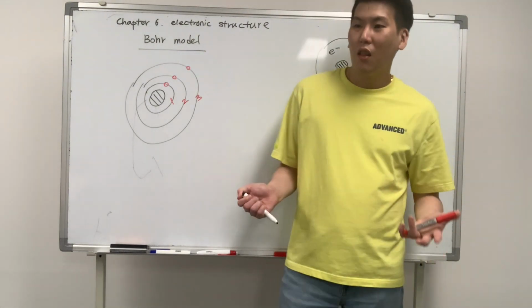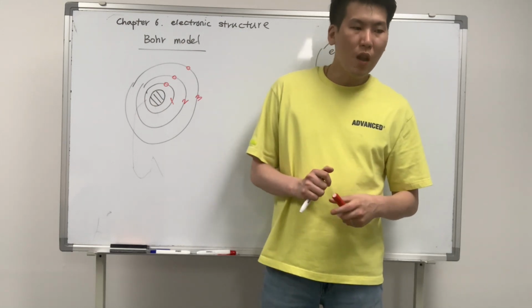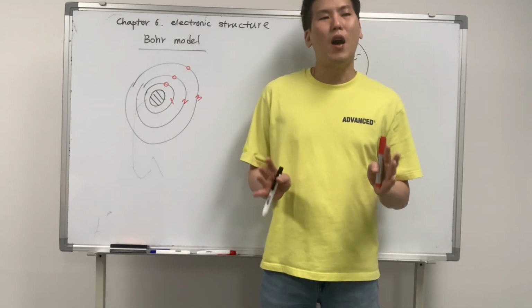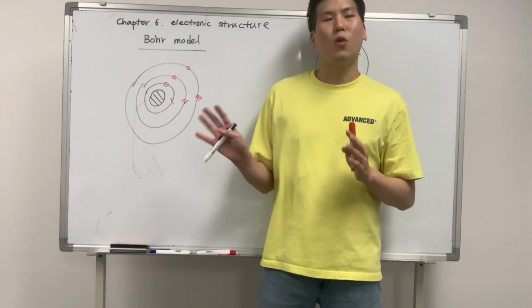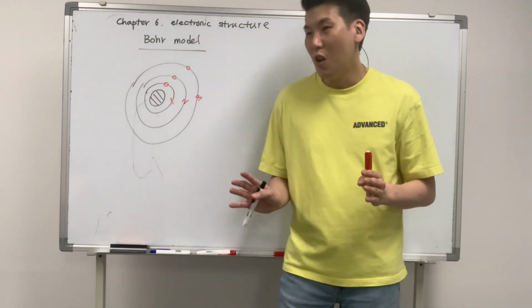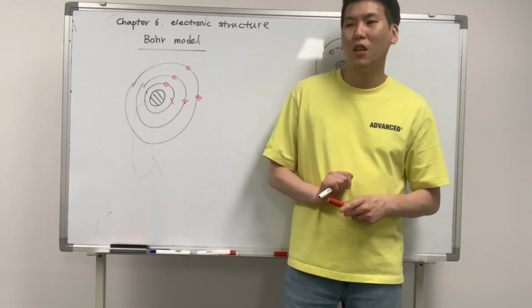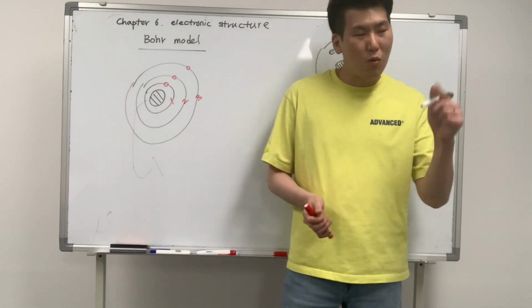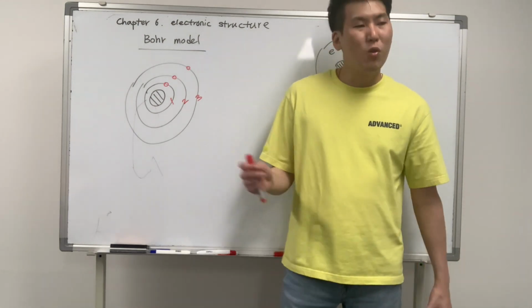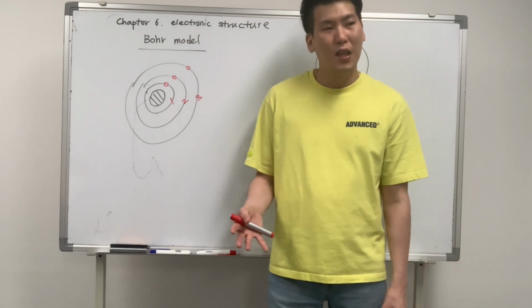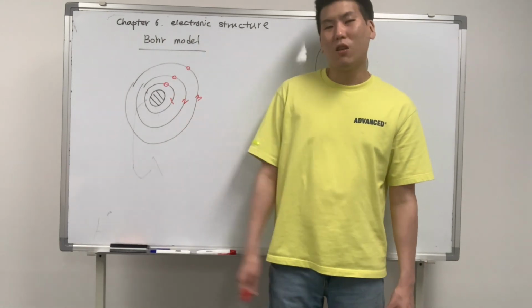Again, the problem with the Bohr model was that it was only applicable to hydrogen. Why did he choose hydrogen? Because hydrogen has only one electron, so it was simplest to analyze. But was it all correct?